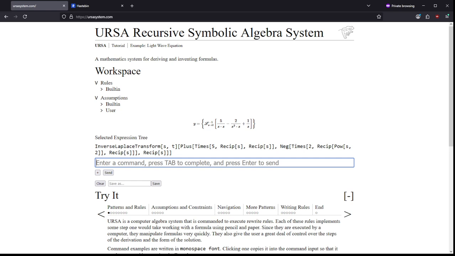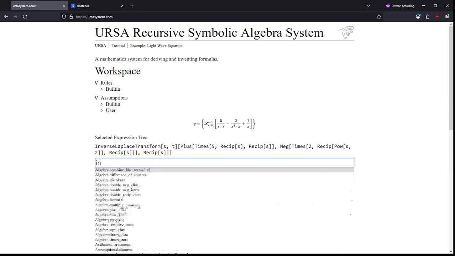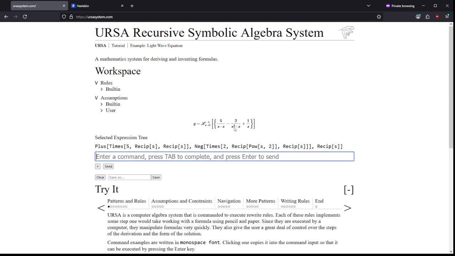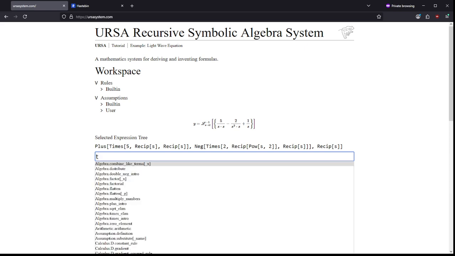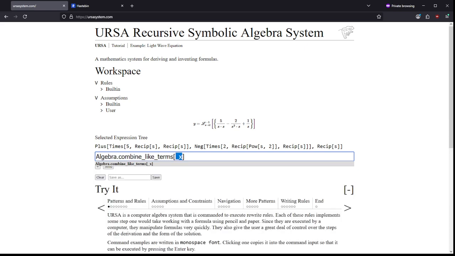And now, on the right-hand side, we've got these funny fractions that we should deal with. There's 5 over s times s, and there's 2 over s squared times s. There's a rule that I just added for this situation. It's called combine like terms, and you give it the name of a term that you want to combine powers of, which I will give it s here, and this will basically combine like powers of s.